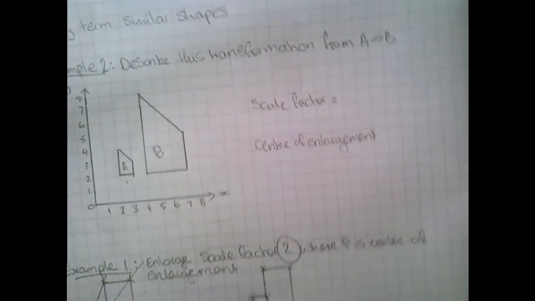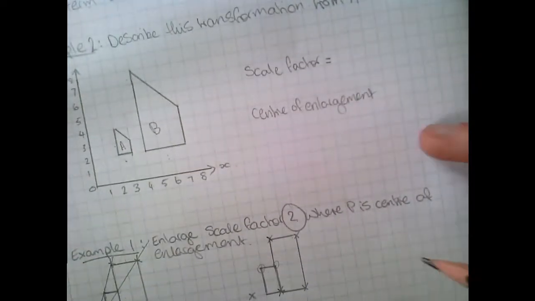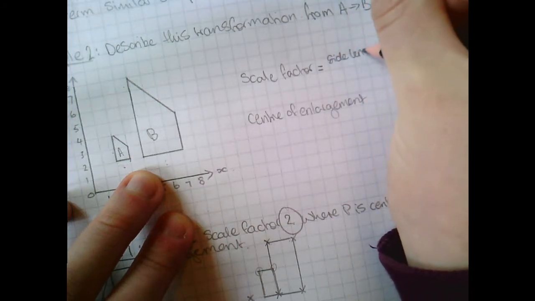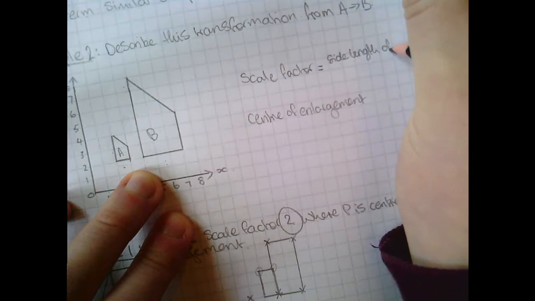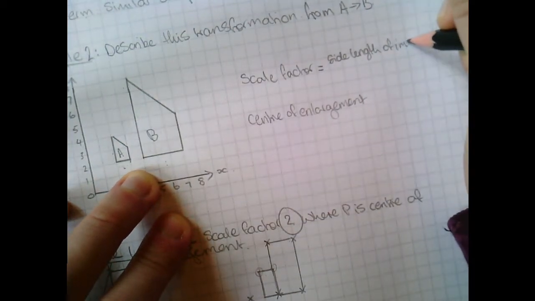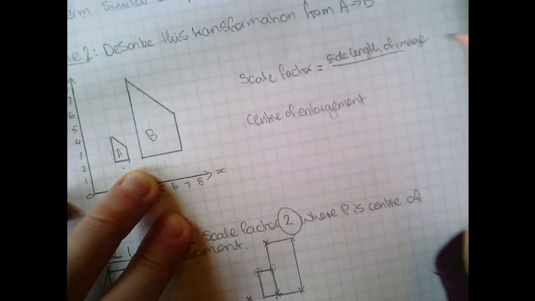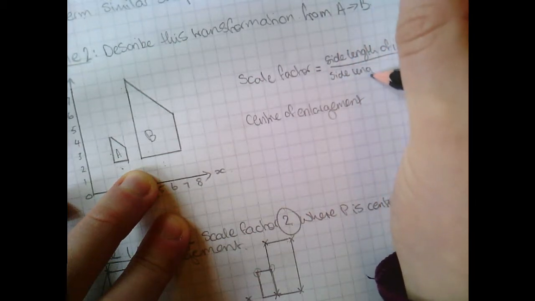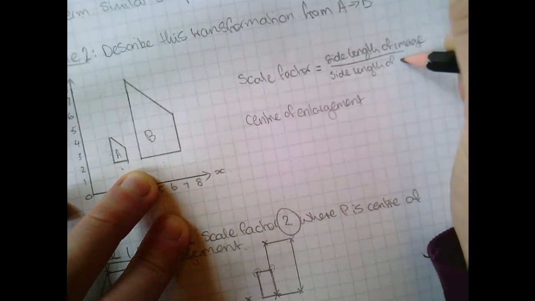Another way of thinking about that is the side length of the image, that's the one after the transformation, divided by the side length of the object.